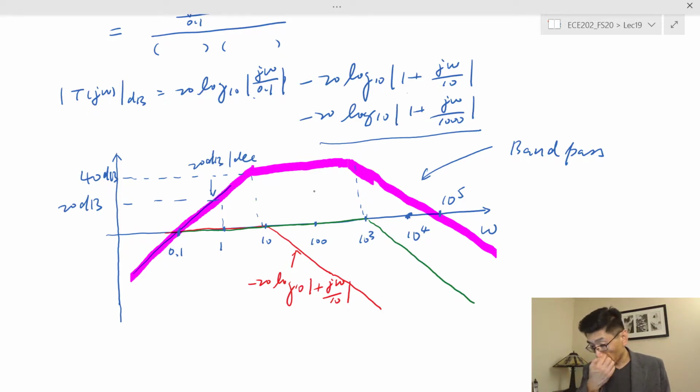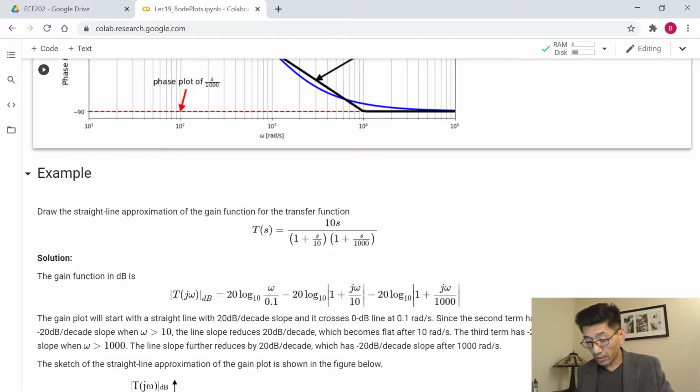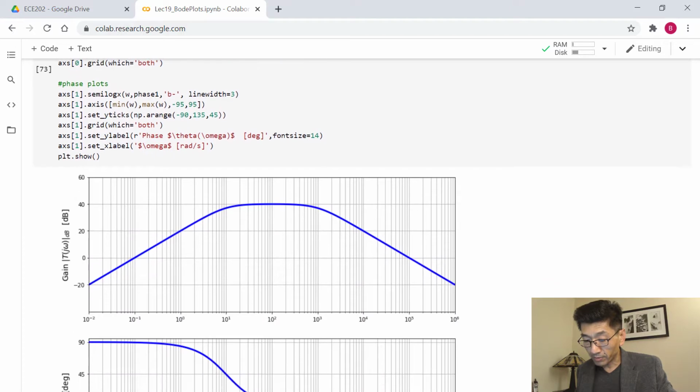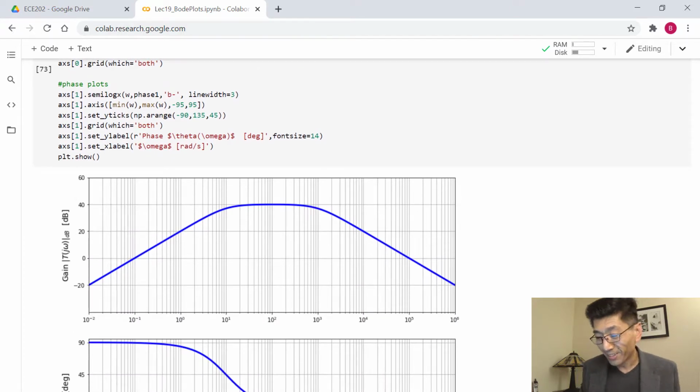I also have Python draw the exact curve, and if you look at that curve, it's pretty close. We pass through the 0 dB line at 0.1 radian per second, and then go 20 dB per decade until 10 radian per second.